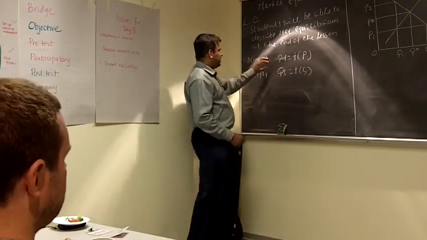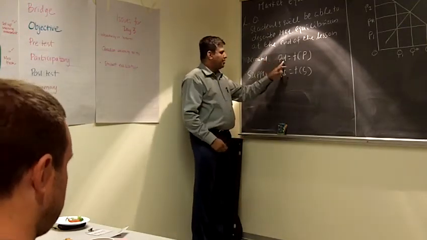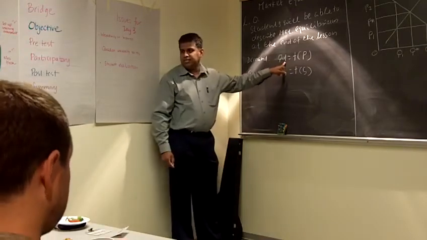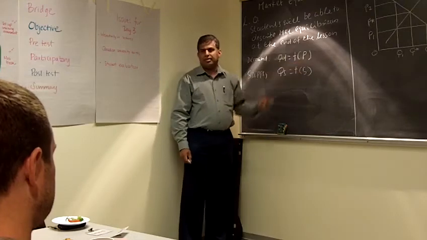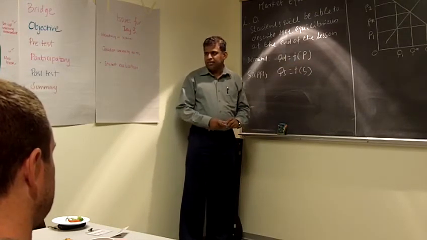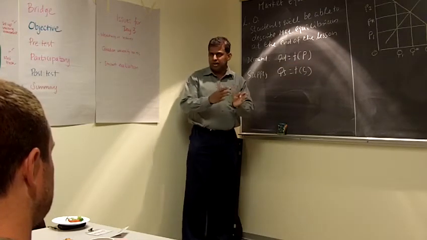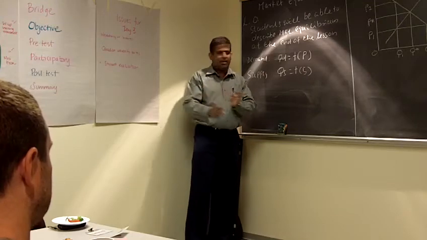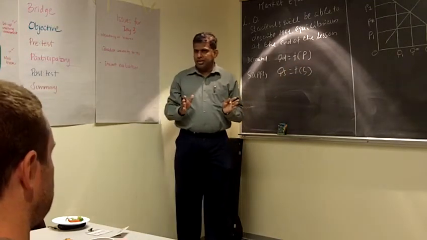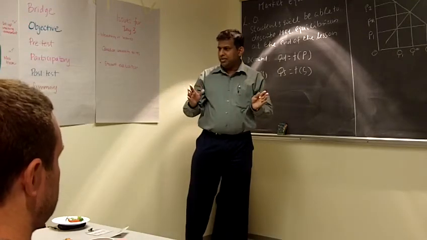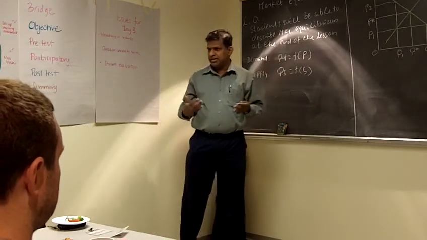So in economics, this is my QD. QD means quantity of demand. Quantity of demand is a function of price. That means quantity of demand depends on price. Here we made an assumption. In the real world, demand depends on many other factors.